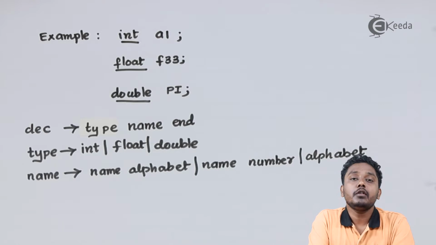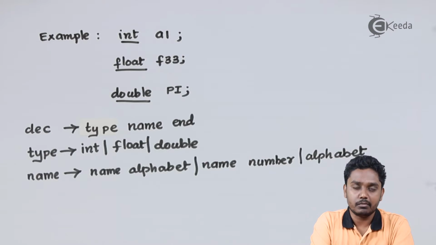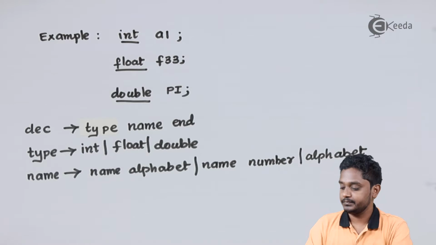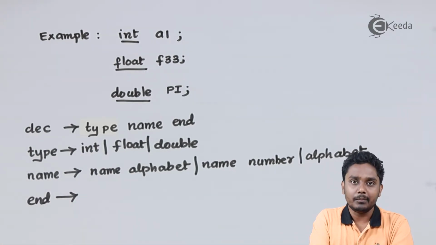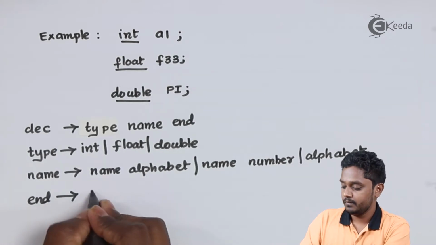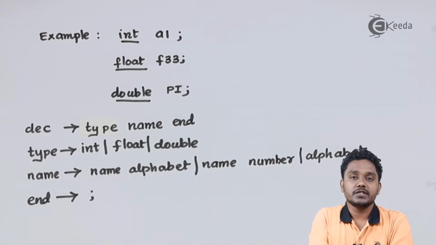Remember that we are not writing the rule that name can be a number, because we can never have a variable with just a number, as we are not allowing the start of the variable name to be a number. End symbol is simply a semicolon. We have constructed a grammar.